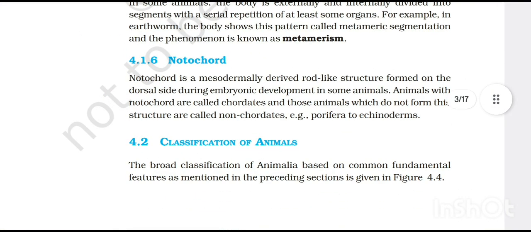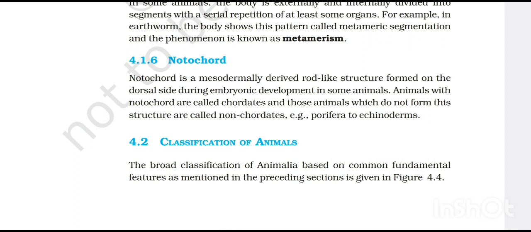Then notochord. Notochord is a mesodermally derived rod-like structure formed on the dorsal side during embryonic development. So during the development of the embryo, one organ is mesodermally derived, that means it is developed from the mesoderm layer.